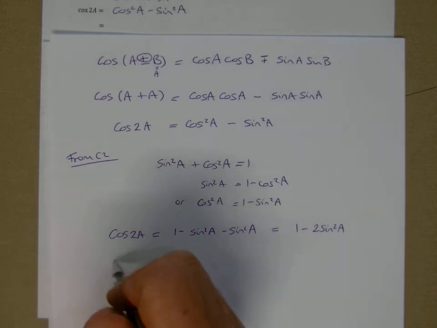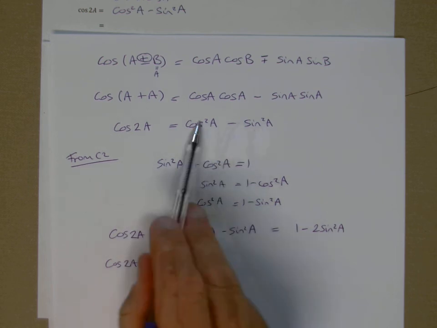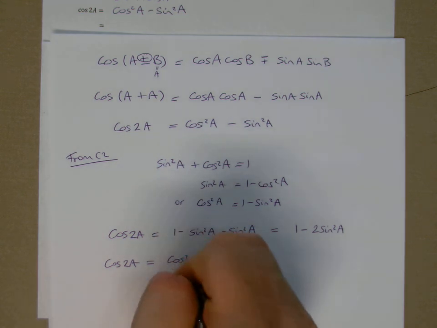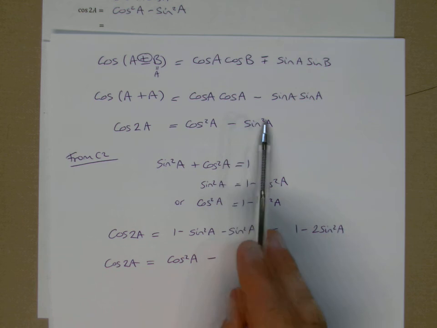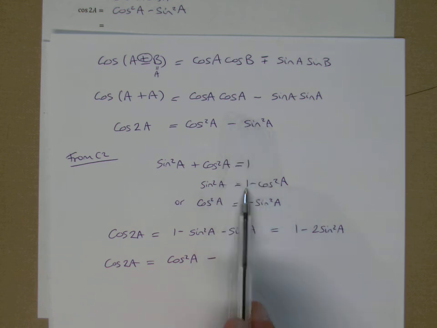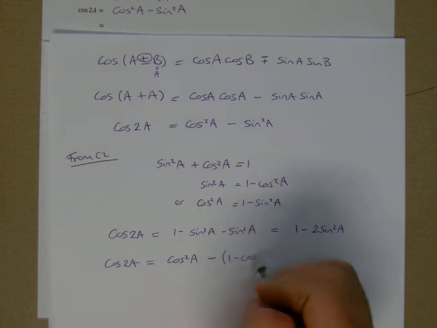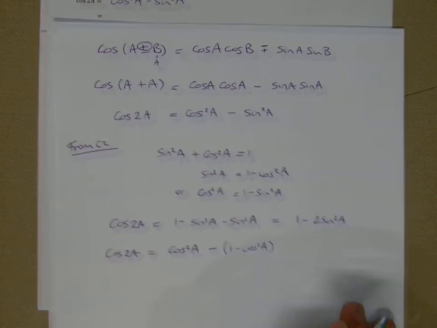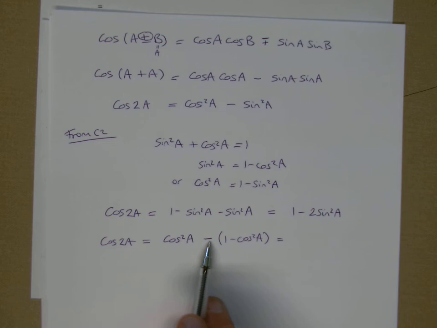The third result is doing the other substitution. So if I go back to this here, keep the cos squared as it is, but then you take away sine squared. Remember, sine squared A from that rearrangement is just 1 minus cos squared A. Put it in a bracket. It's important you put it in a bracket because we've got to take it away, haven't we?